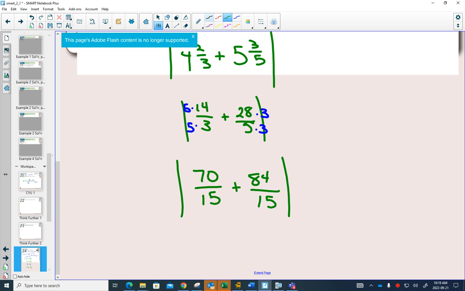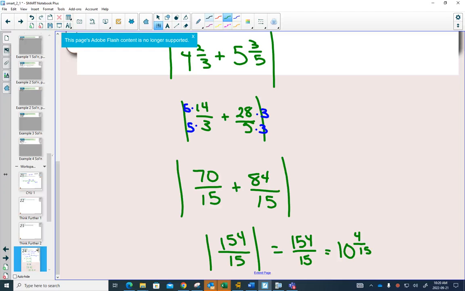When you have a common denominator, you add your numerators. So we get 154 over 15, which is positive. If we change this back to a mixed fraction, how many 15s go into 154? Well, 10 of them would be 150, and you would have 4 left. This is the most common way people add fractions, okay?